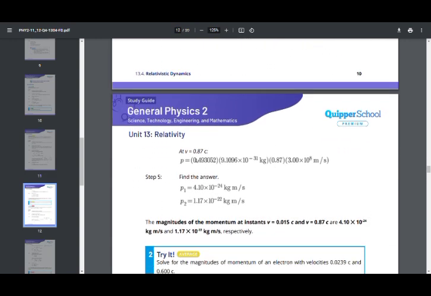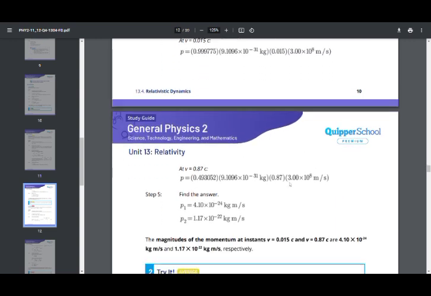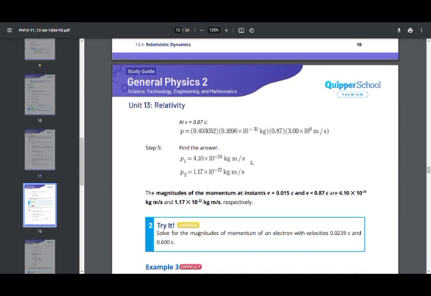And then sa question number B naman, sa letter B, ganoon lang. Answer, given question na 0.87 speed of light, and the speed of light na value. So, diba? That's all. Puro multiply lang naman tayo. And then, the answer na sa A is 4.10 times 10 raised to the power negative 34 kilograms meter per second.